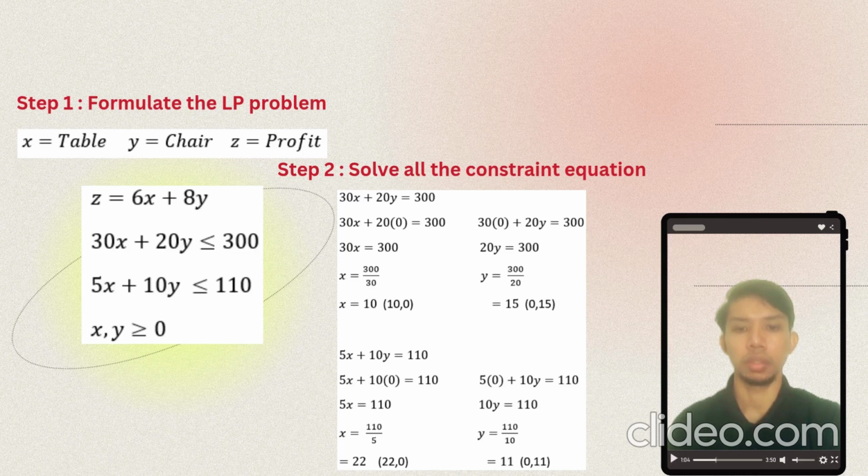Setting x equal to 0 gives 10y equals 110, so y equals 11, and the y-intercept is (0, 11). These intercepts, (10, 0) and (0, 15) for the wood and (22, 0) and (0, 11) for the labor, are the foundation for plotting our graph.